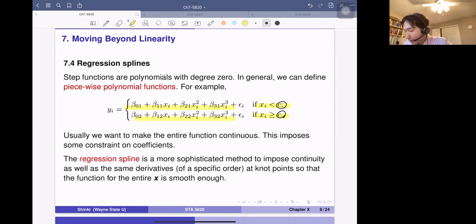Usually we don't want to fit this kind of model without any restrictions. Suppose that we consider the temperature trend from year 1,500 to today.